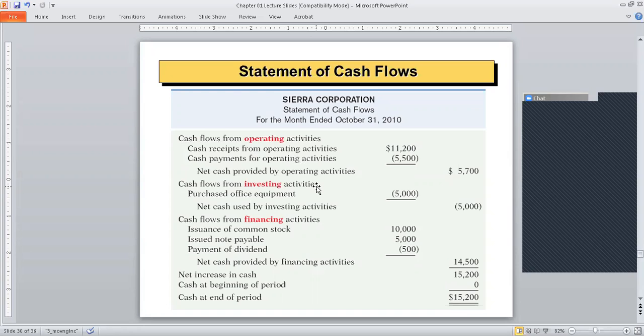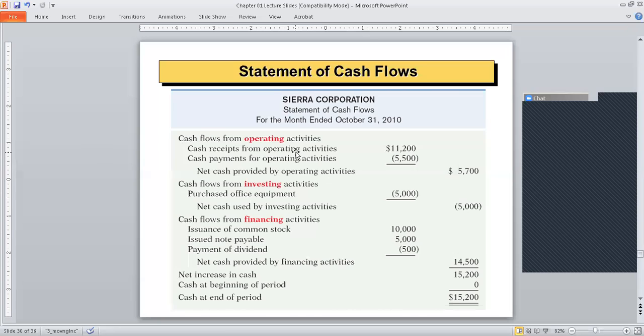Your statement of cash flows shows you inflows of cash and outflows of cash relating to operating activities, investing activities, and financing activities. So it's organizing the information in a little bit different way than the other financial statements.